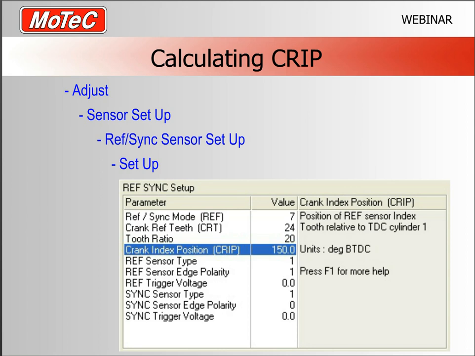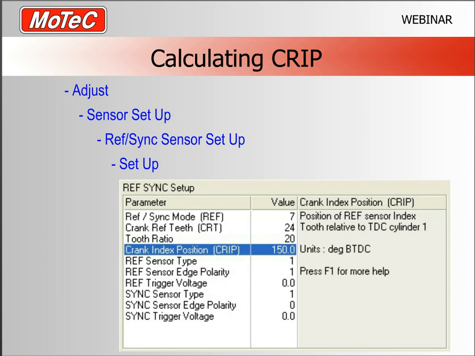So, from the previous diagram, I've worked out that it's about 150 degrees from my index tooth to top dead center compression number 1. Again, always turning the engine in the running direction. So I simply enter that number. Crank index position is in degrees. It's not a weird calculated computer type number.